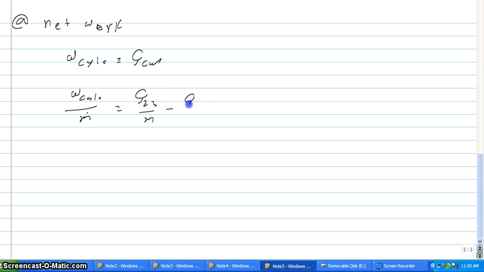After we find all the temperatures in each state, we can solve for what he's asking for. Let's start with A, the net work. The equation for that is work cycle equals Q cycle, and we can rewrite that as work cycle over mass, which equals Q23 over m minus Q41 over m.